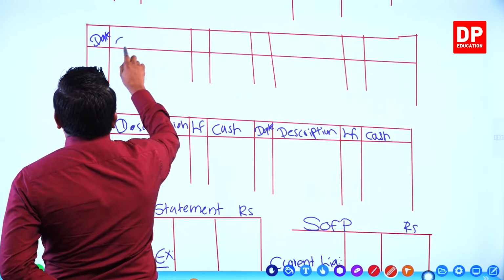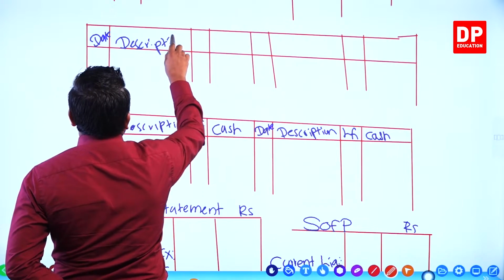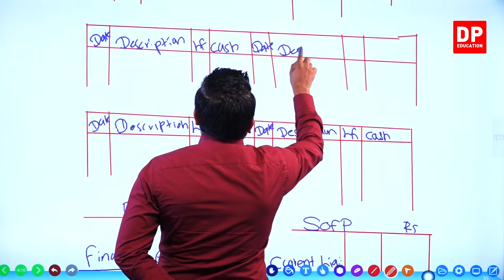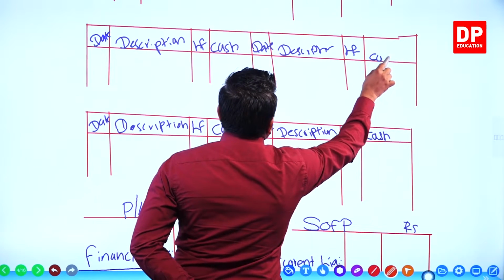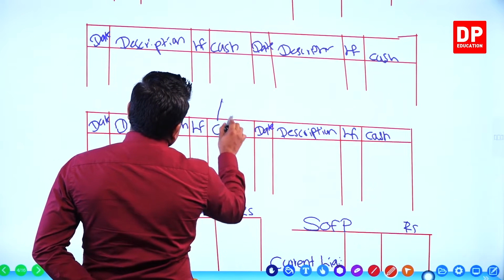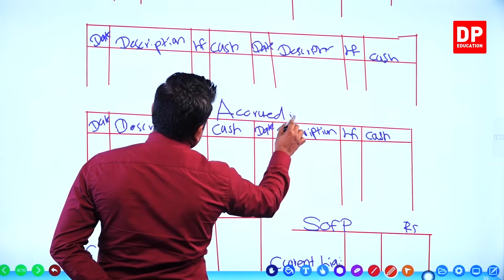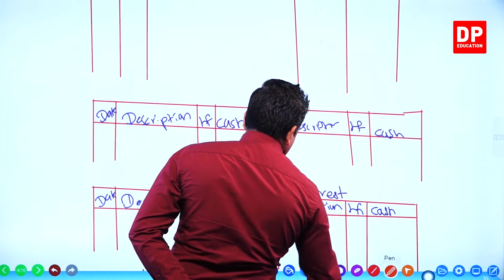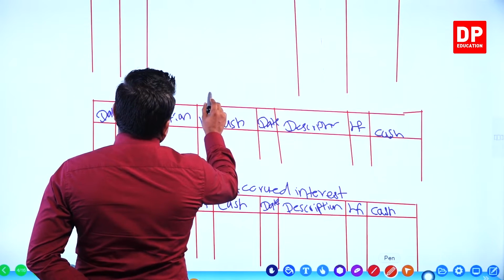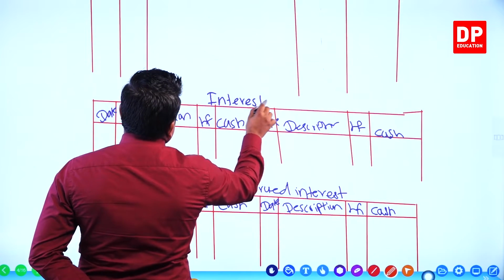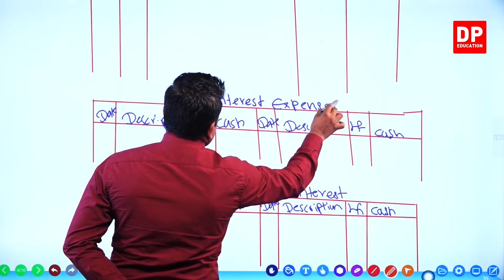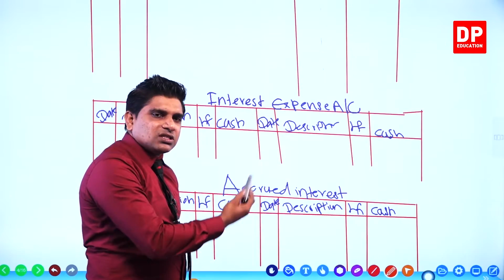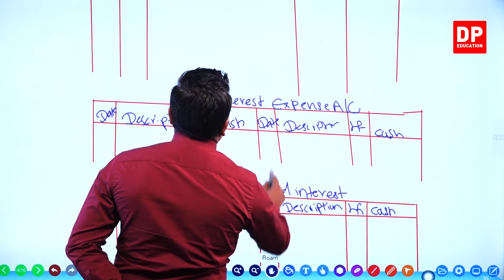You name these accounts also: accrued interest, interest expense account. Bank loan interest expense account, accrued bank loan interest account, but we can use interest expense, accrued interest, you know. Then general journal.